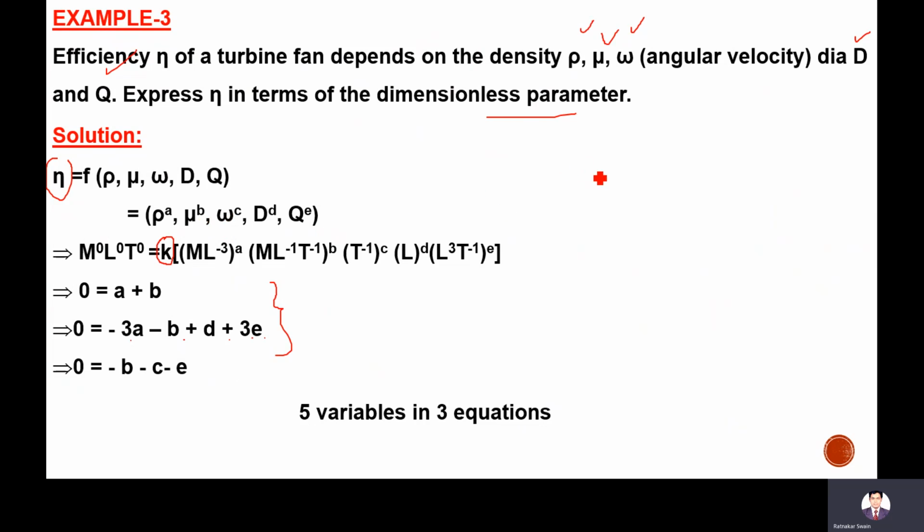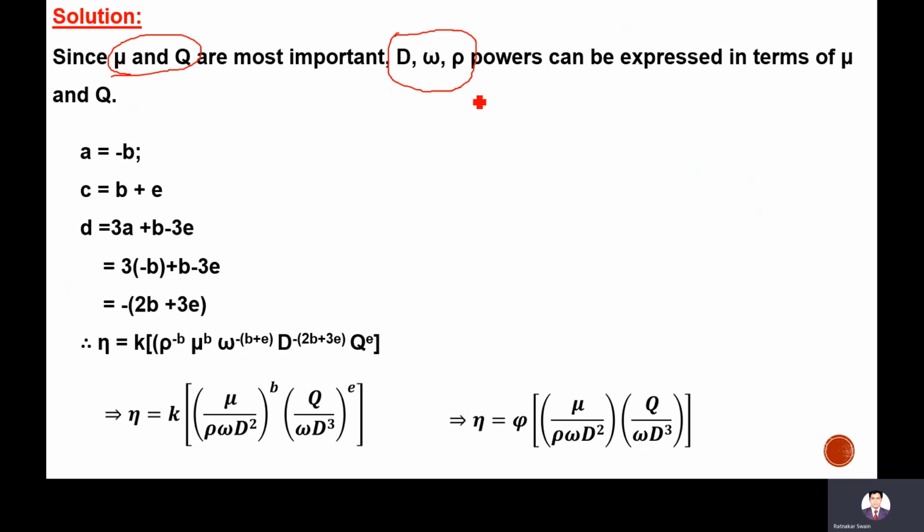All these a, c, d, these three can be written in terms of b and e. If we use these three equations, we can write a is equal to minus b, c is equal to minus b minus e, d is equal to minus 2b plus 3e.